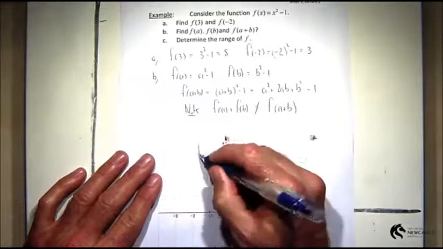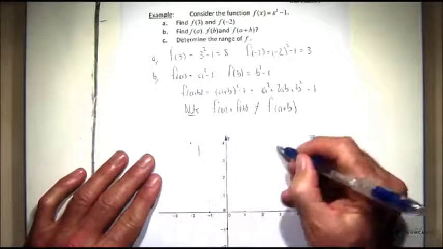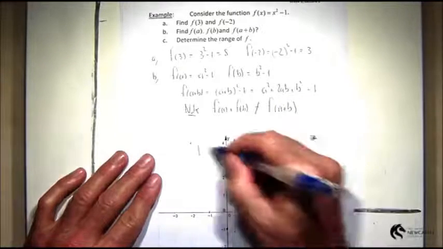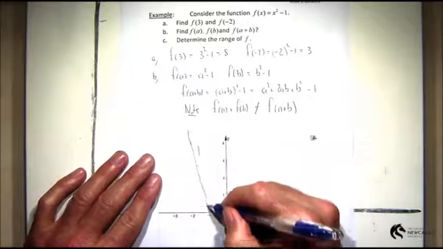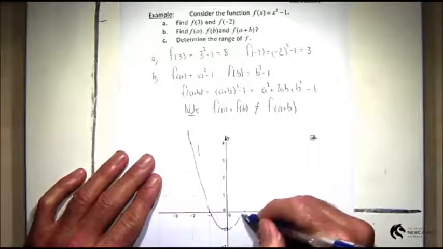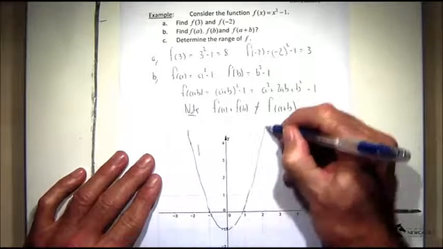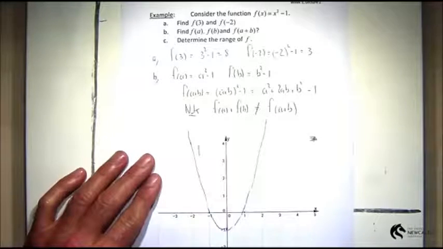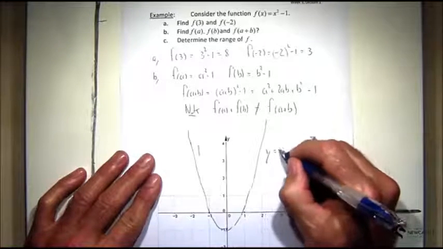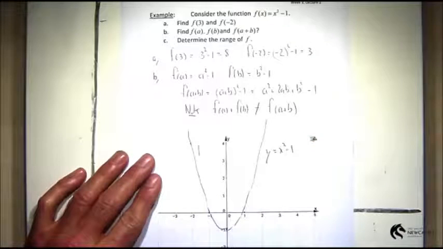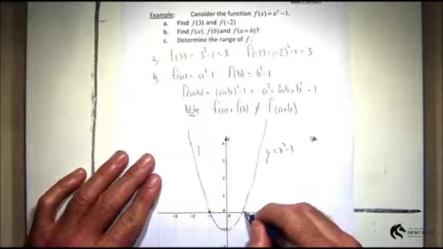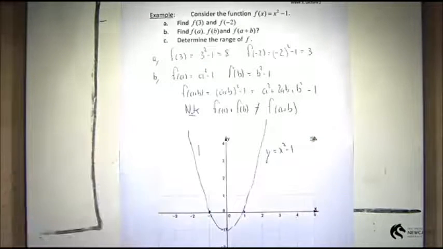So the graph goes through there and there. So it'll look something like this. My parabolas aren't so crash hot, but it will look like that. That will be the graph of y equals x squared minus 1. It's supposed to pass through -1 and +1.